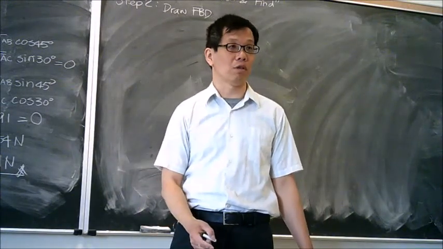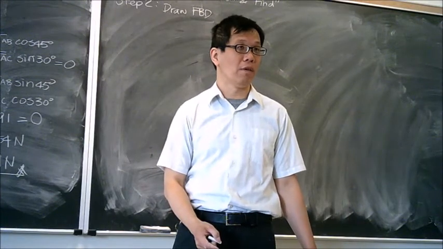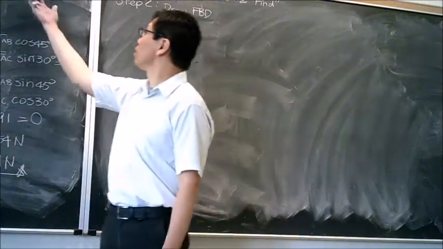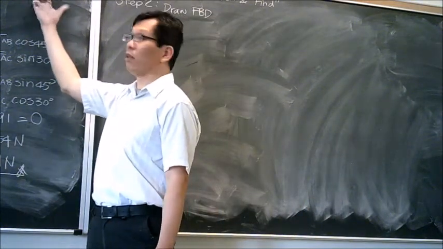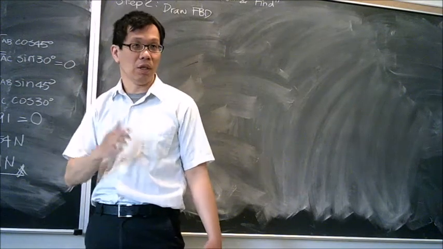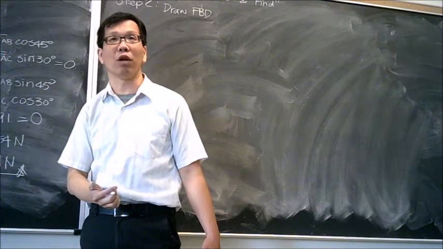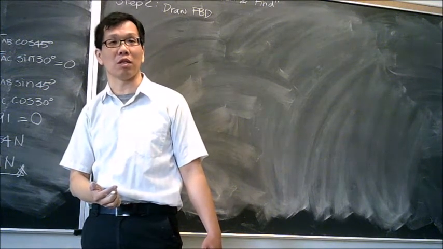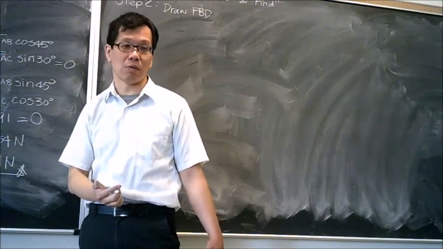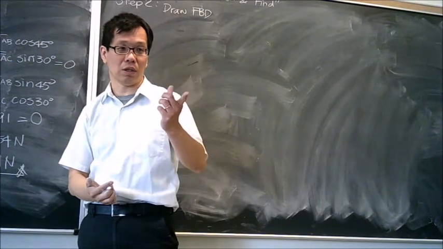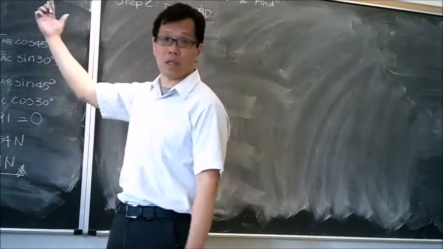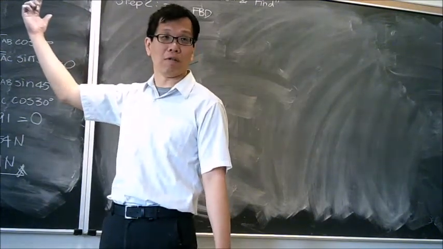Sometimes, in order to solve the problem faster, you need to tilt the x, y direction a little bit so you know what's going on. We are going to talk about this when we deal with friction, because sometimes it's on a slope. When it's on a slope, it's better to tilt the coordinates according to the angle of the slope.